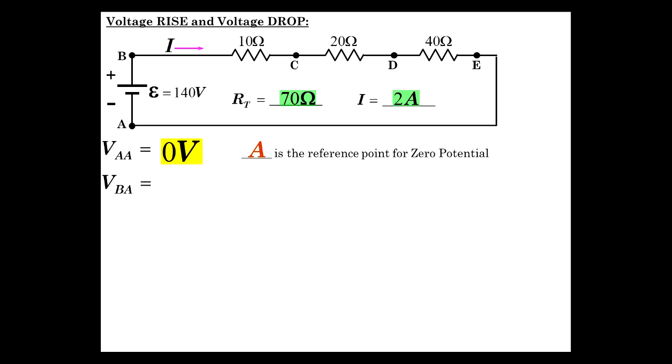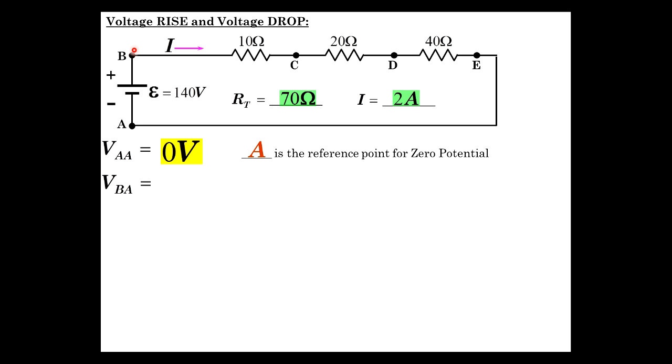Now, if you have that basically nailed down, then it's going to be understandable when we say VBA, the voltage of B with respect to A. So what does B look like from the vantage point of A? A is sitting there going, I'm kind of lonely down here. I have no potential. And it looks off into the distance and sees B. B looks like it's a greener grass syndrome.